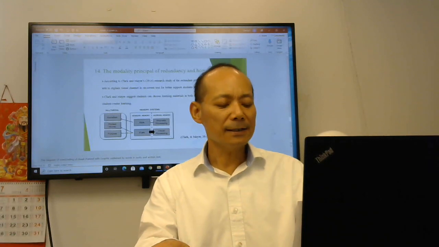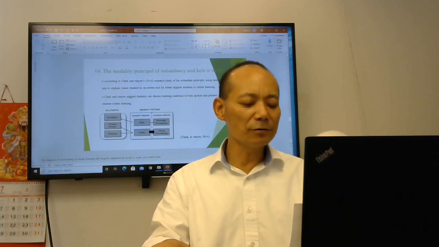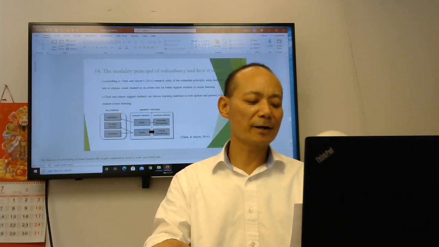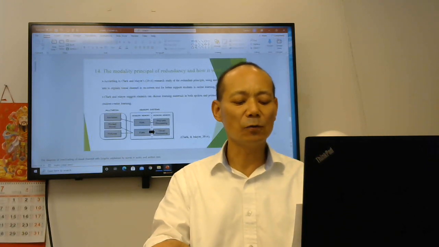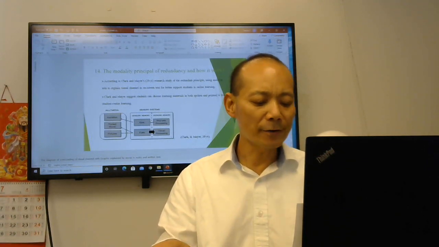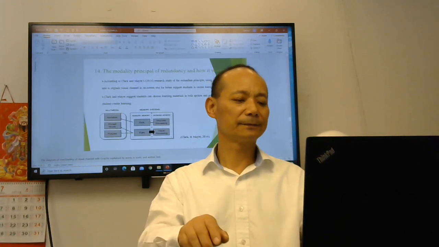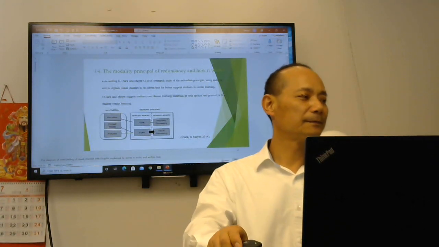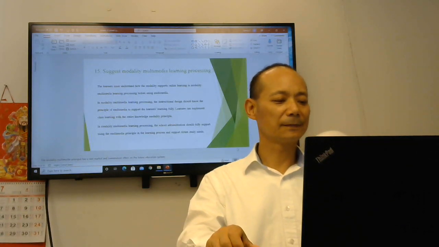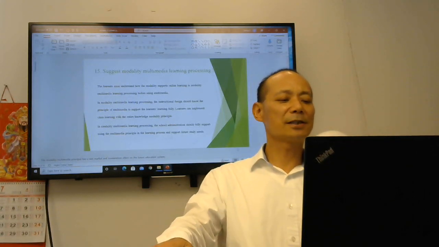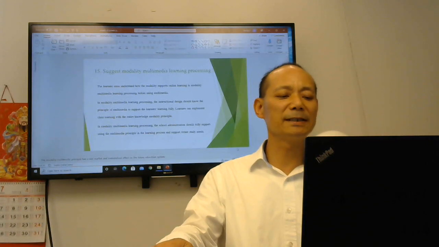The diagram shows the overload of the visual channel with a graphic explained by words in audio and written text. It suggests the modality multimedia learning process.